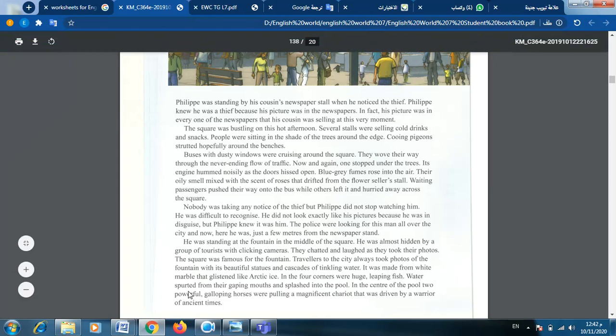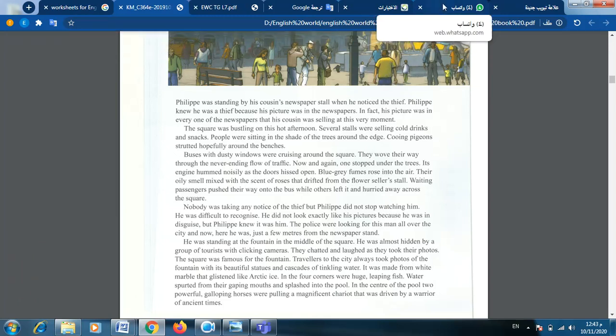Water spurted from their gaping mouths and splashed into the pool. The water comes out from the corners of the fountain and splashes into the pool.